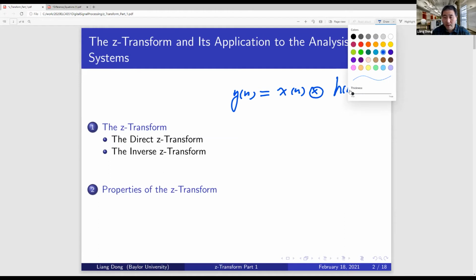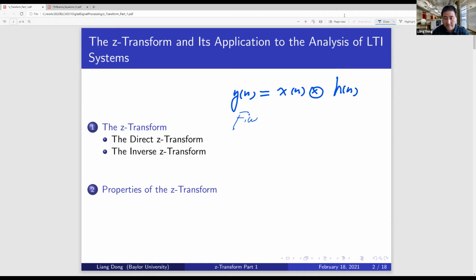If I want to identify the system, I want to find the system in terms of its impulse response. In time domain, it's difficult to do. All the things we have done using the difference equation is to find y[n], in a particular format, and we can find h[n] as a homogeneous solution of the system.